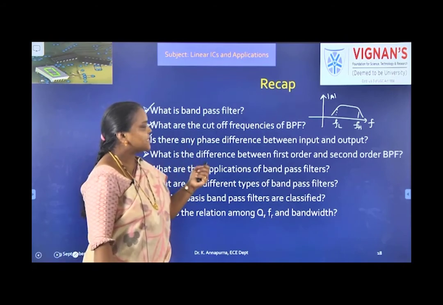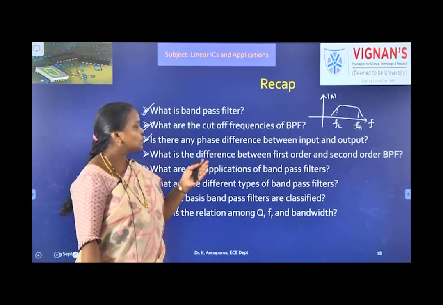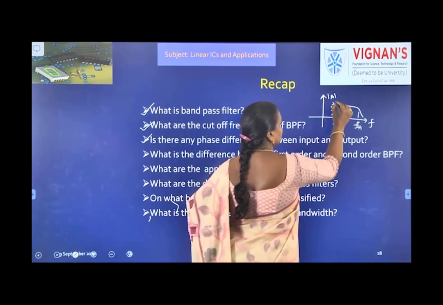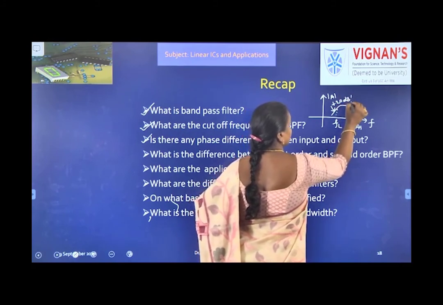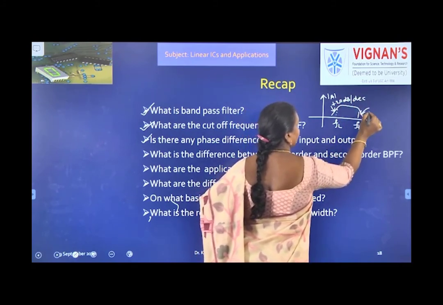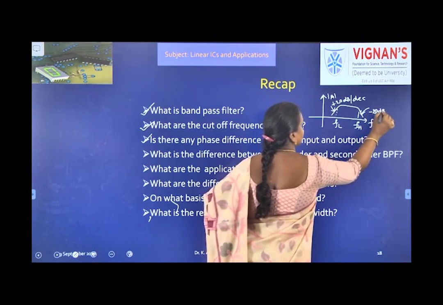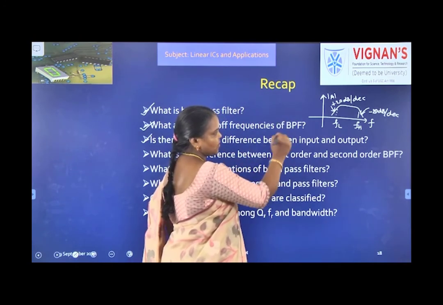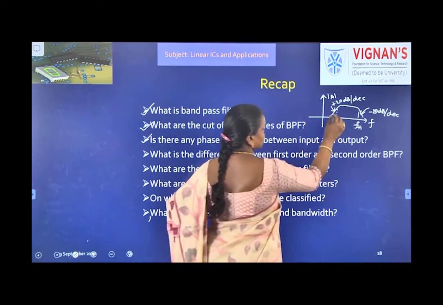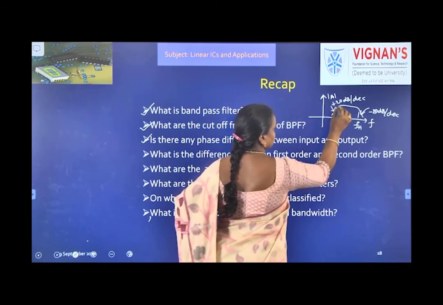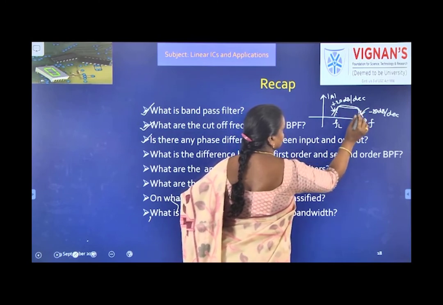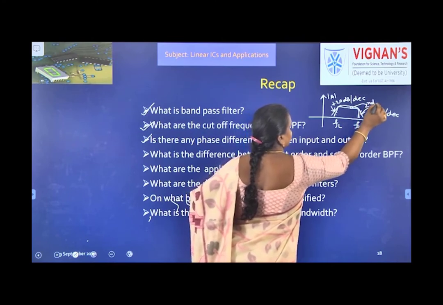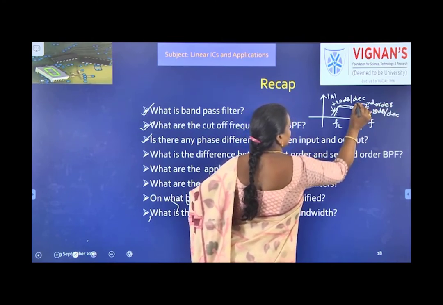What is the difference between first order and second order band pass filter? First order means the roll off will be here plus 20 decibels per decade, and here minus 20 decibels per decade. Whereas second order means it will be like this; this is second order, and this is first order.